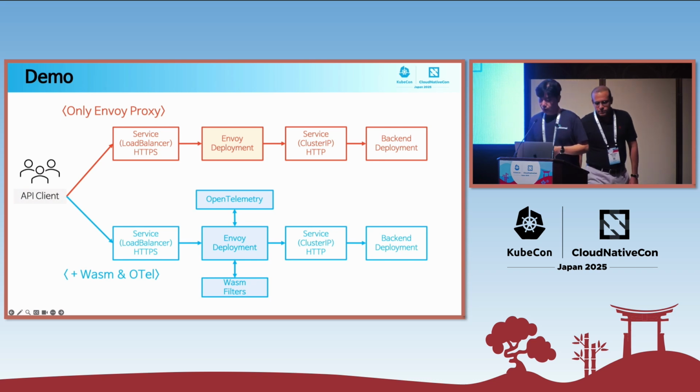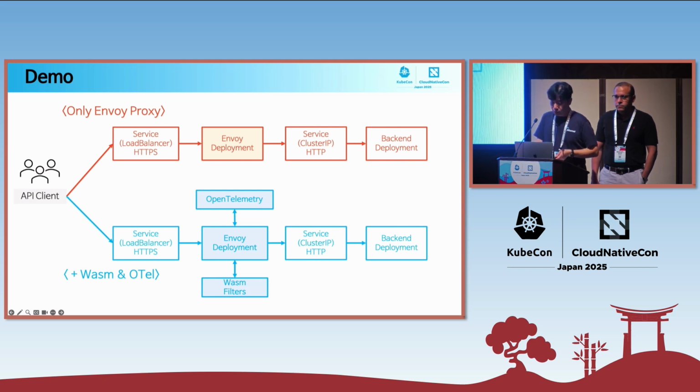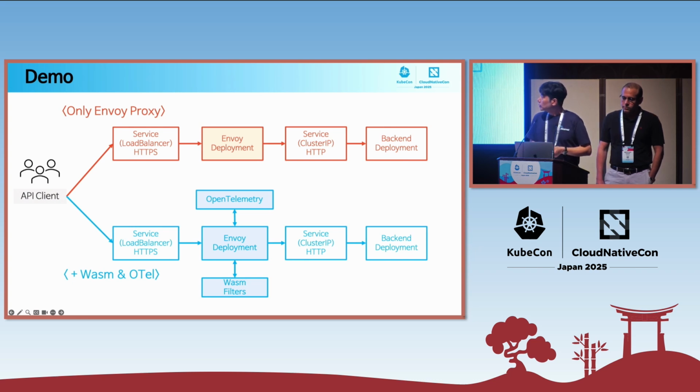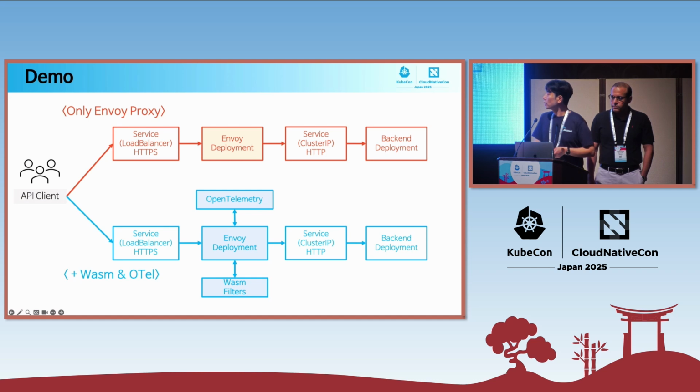Okay, so this diagram is very straightforward. It demonstrates, at the top, when we have only Envoy proxy on your Kubernetes cluster, and in the bottom side is after you have the WebAssembly and OpenTelemetry monitoring system on your Kubernetes cluster. The common points are that we have two services.